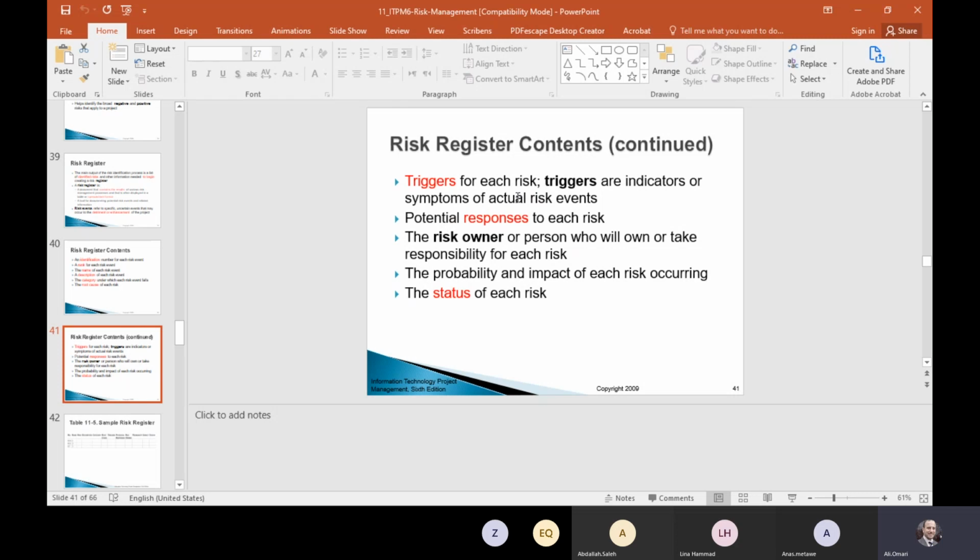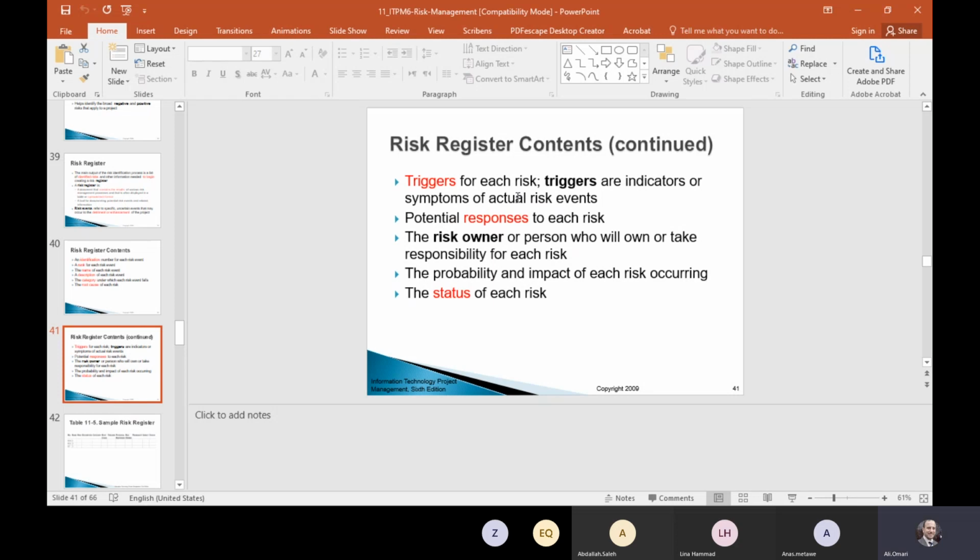And it also has to document who owns this risk: the risk owner, the person who will own and take responsibility in case that risk occurs during the project life cycle.